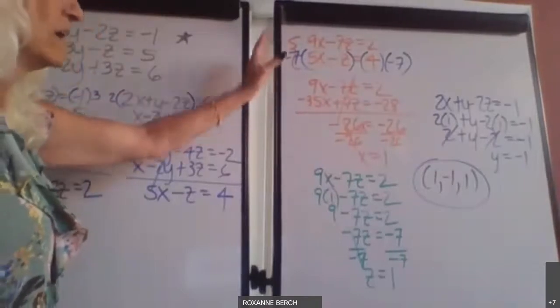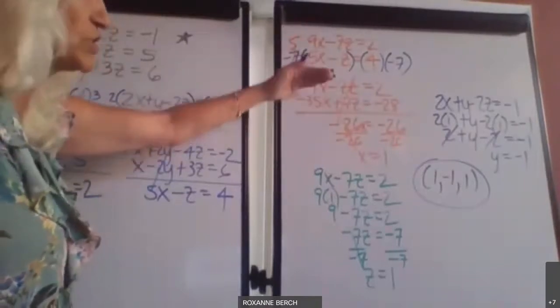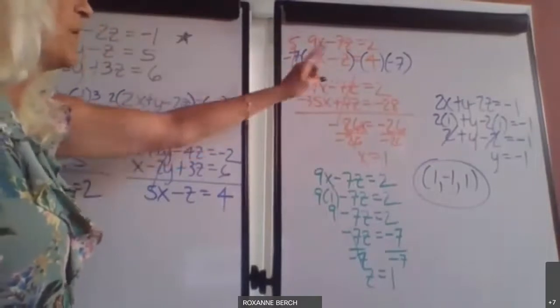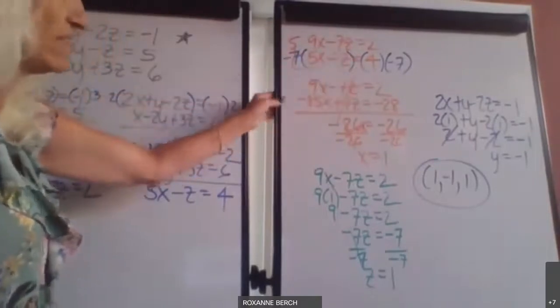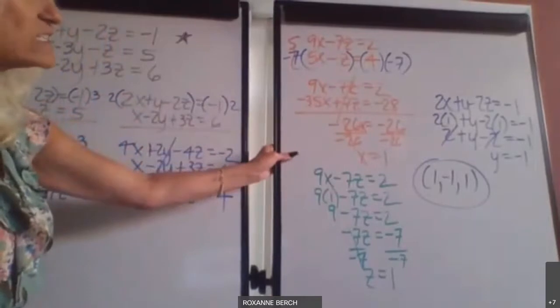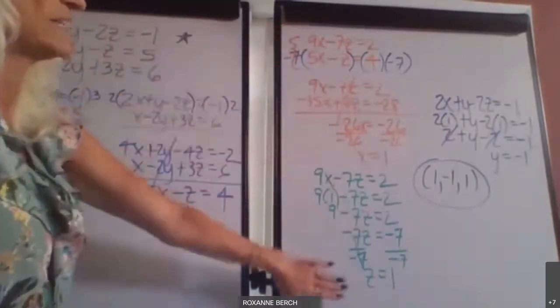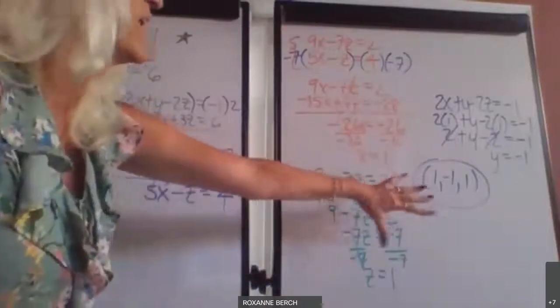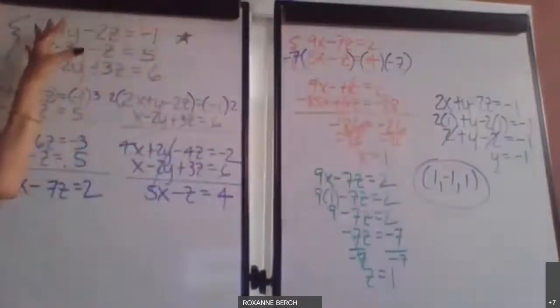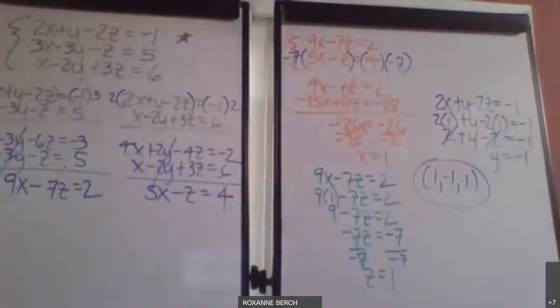I chose addition. So I multiplied by -7, and I found x. After I found x, I plugged it into one of these two to find z, and then these have to be plugged into one of the originals to find the ordered triple.